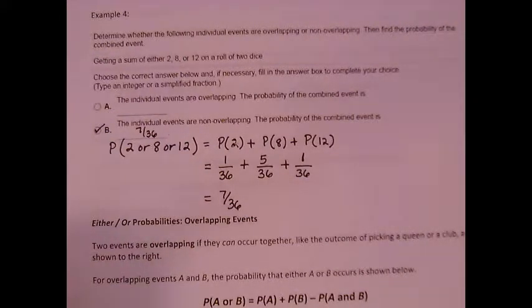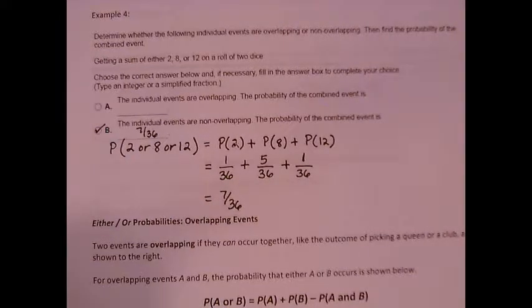Okay, and you might want to check out that video for section 7A, because I did show you that table with the probabilities for all the outcomes for rolling 2 fair dice.